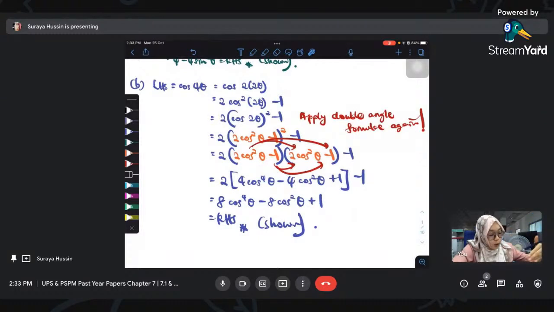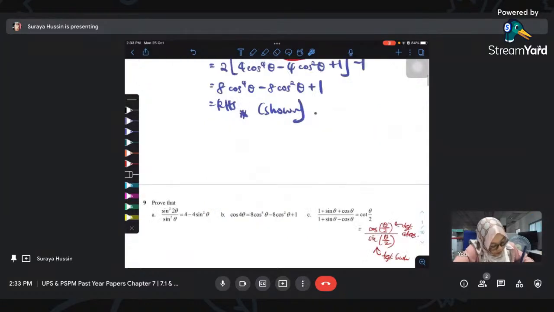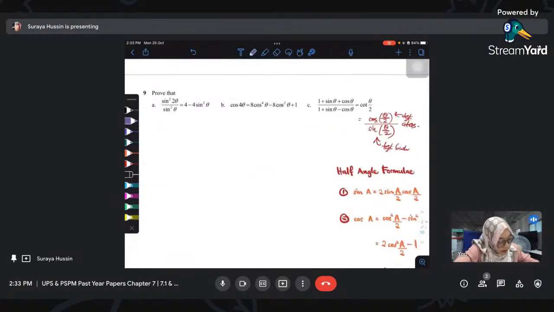So let's go to C then. So dekat sini saya akan mula dengan left hand side. How do I know? Because this sin theta, cos theta adalah half angle. So the one that I highlight boleh dipakai half angle formula. So that is what I meant. When you look at the soalan, you tahu aku boleh pakai formula apa.